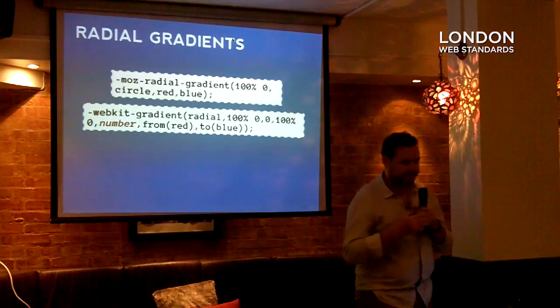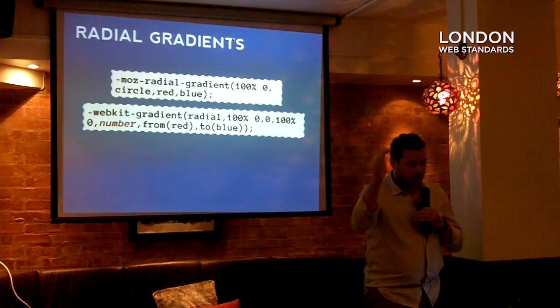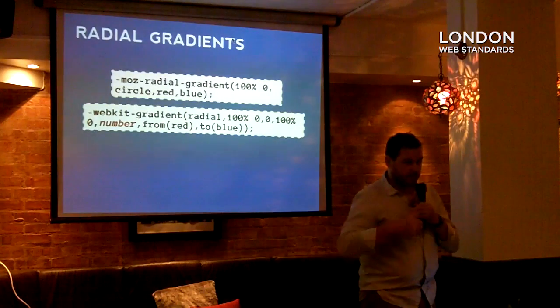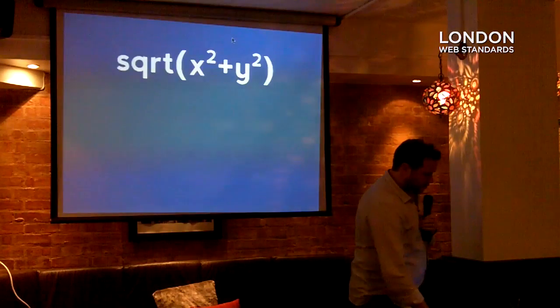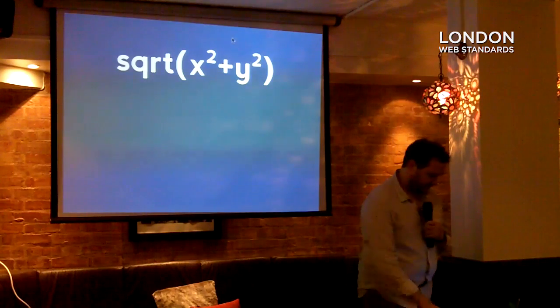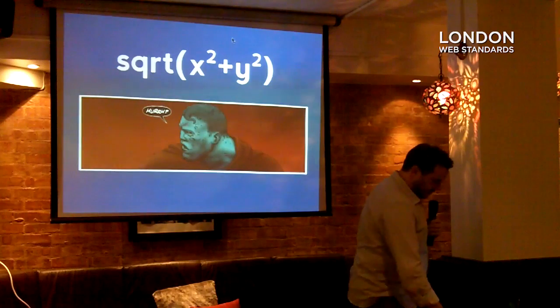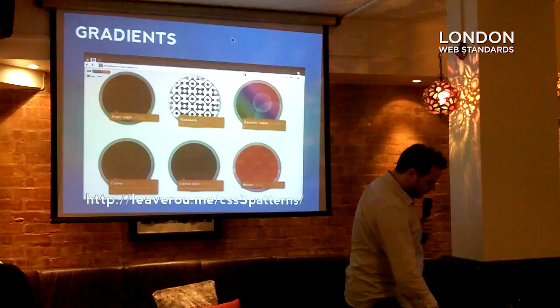The number was, if you wanted to do a gradient that stopped at the opposite diagonal corner of where you wanted it to be, you couldn't just say, as you do now, just go until you stop. You had to choose this number, which is the square root of x squared plus y squared. Huh? Okay, that's resolved now. We've got this nice simple syntax, everything's good again.